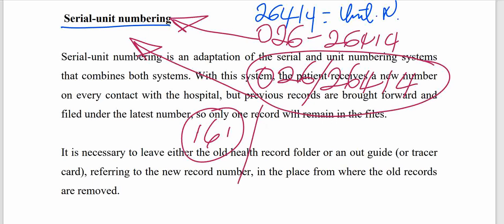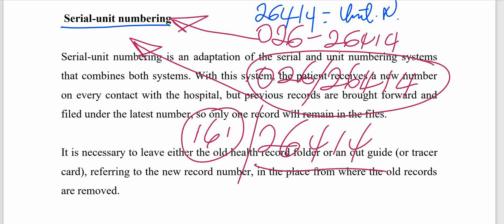But what does the principle of unit numbering say? The number is given once and the same number is kept to be used. So what will keep changing here will actually be the serial number, but this one will keep remaining the same. But this will keep changing.